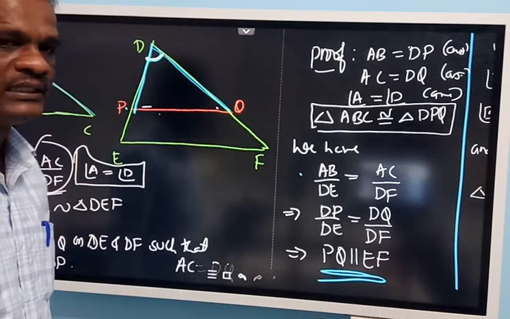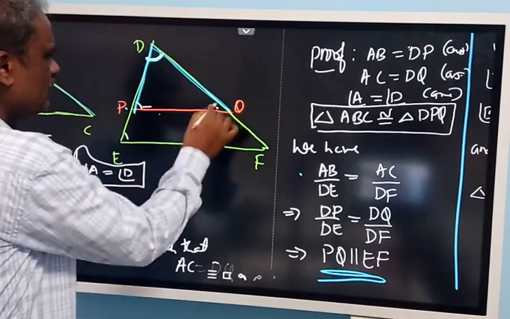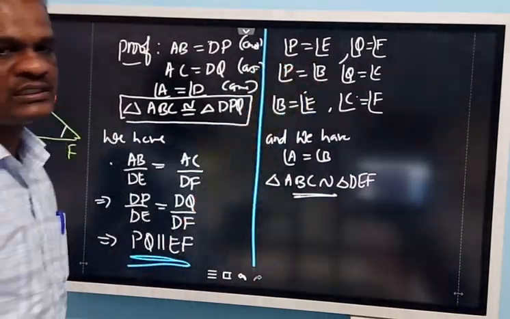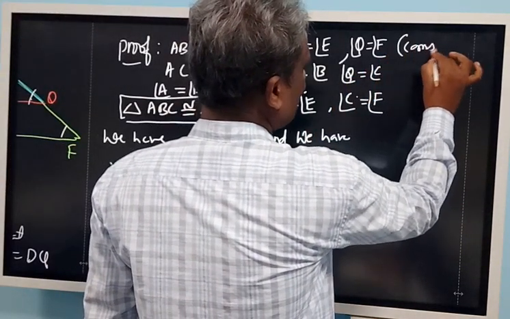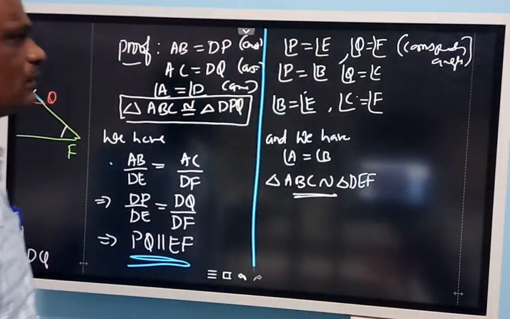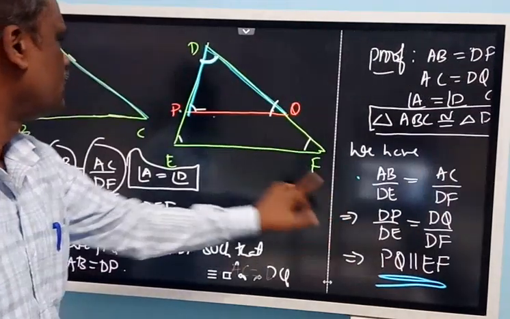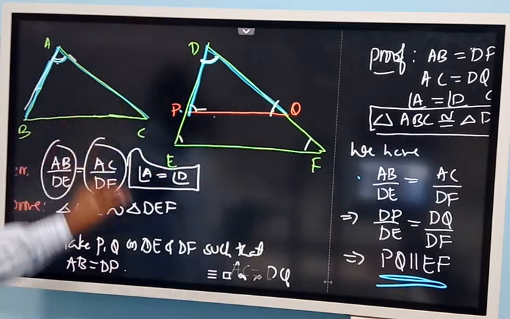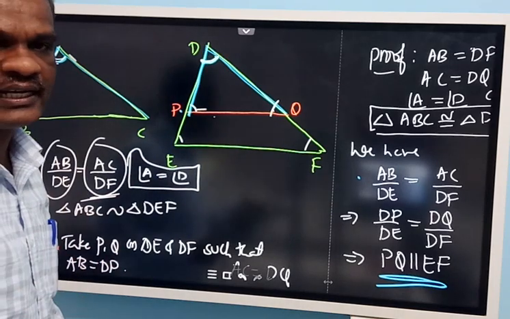PQ parallel to EF. If they are parallel, I can write angle P is equal to E, Q is equal to F. These two are corresponding angles. Now look at this. I have replaced E by P. Now I can replace this angle E by B because B and P are equal, congruent triangles.